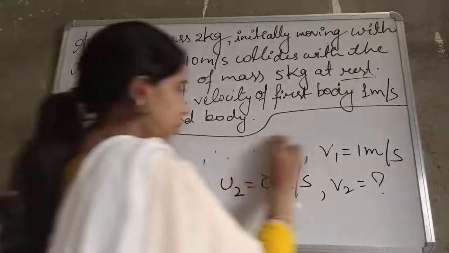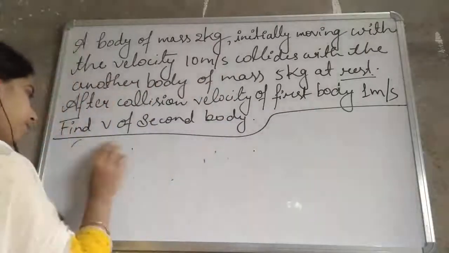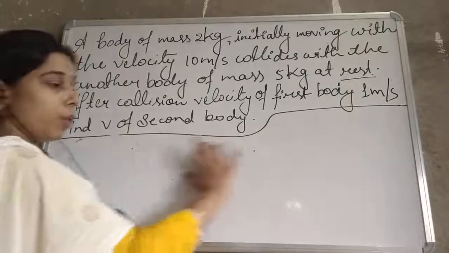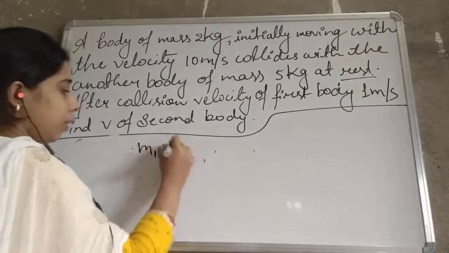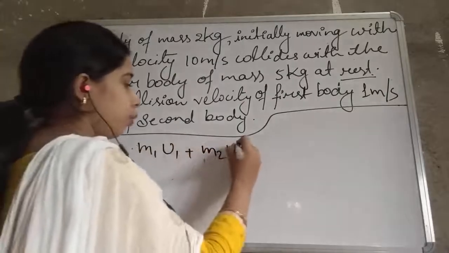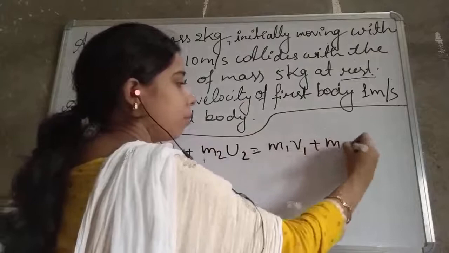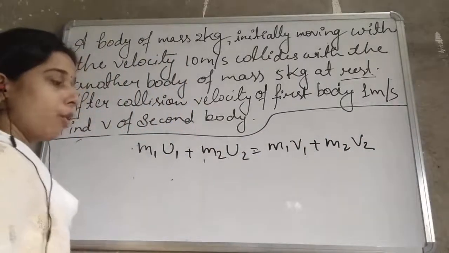According to the law of conservation of momentum, you will write m1 u1 plus m2 u2 is equal to m1 v1 plus m2 v2. Now when you put the values, you will get the value of v2.